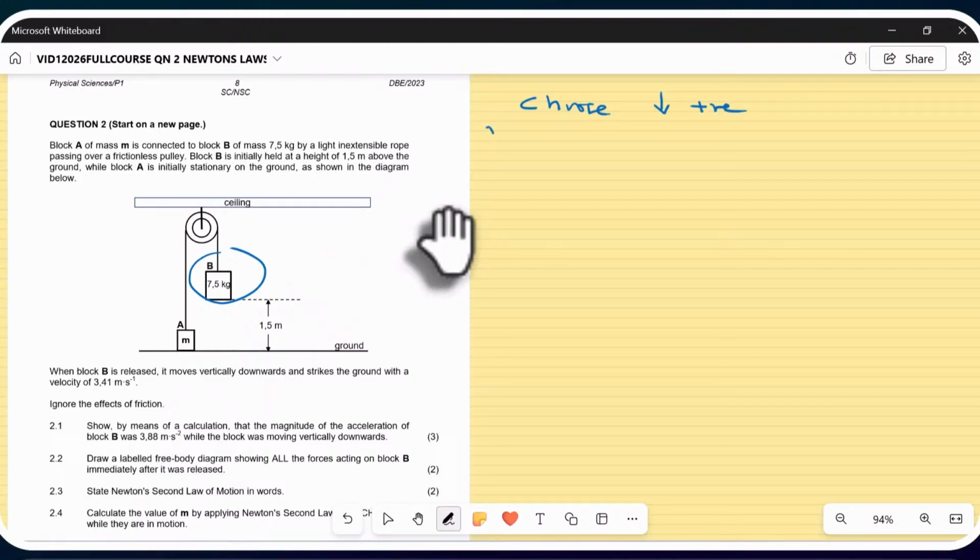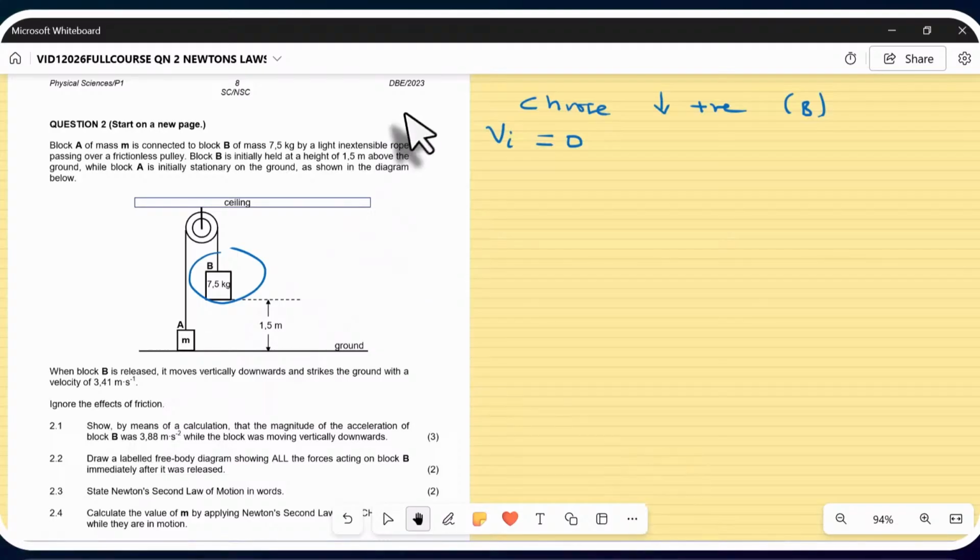We're talking about block B, don't forget block B. V initial is 0, and then the final velocity.